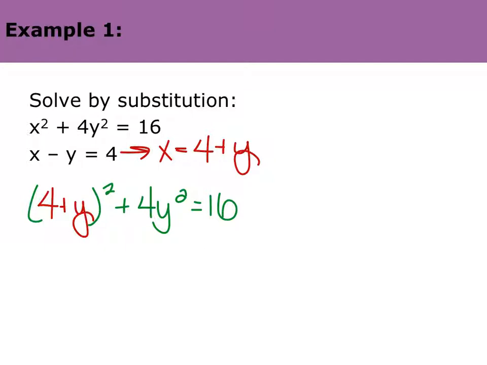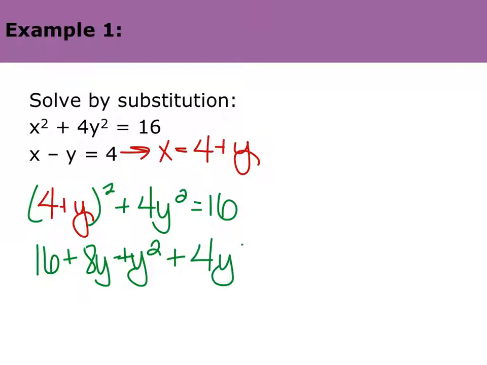So if we've got 4 plus y squared, that's the same thing as 4 plus y times 4 plus y, so we have to FOIL. We'll get 16 plus 8y plus y squared plus 4y squared equals 16.